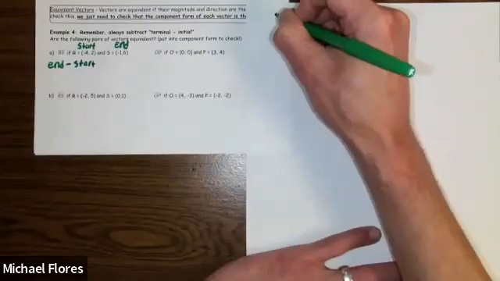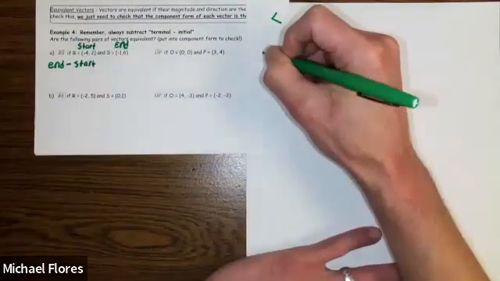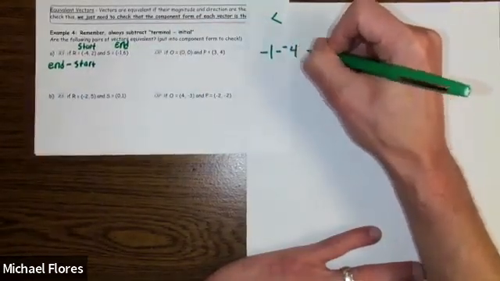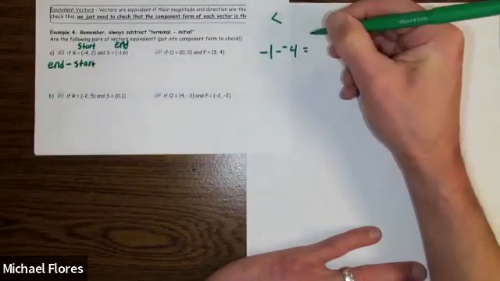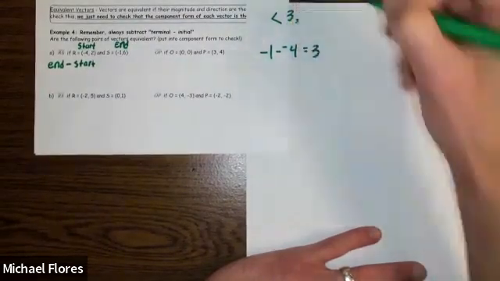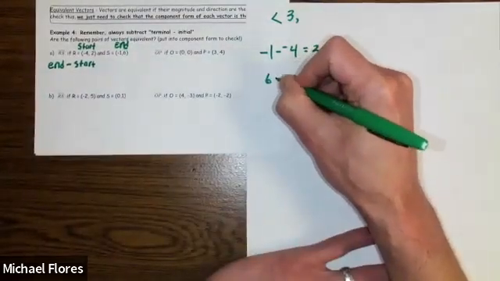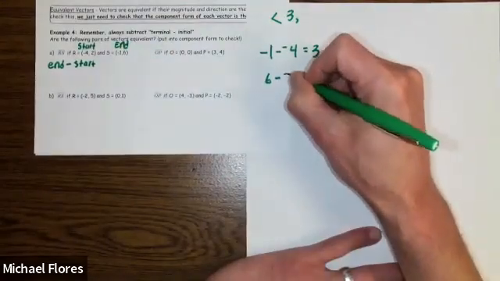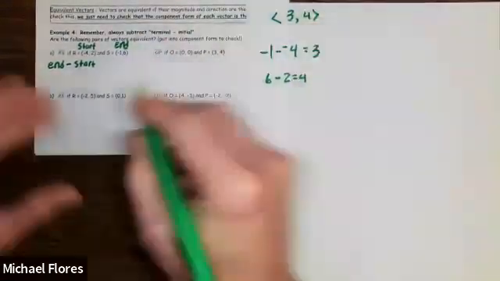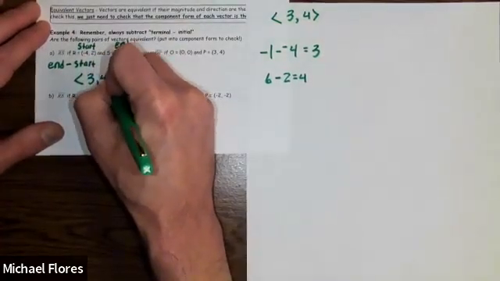So let's start with finding the x value of our component vector by doing -1 minus -4. 1 minus -4 would be 3. Okay, same process, but this time let's do 6 minus 2 to get 4. So the component vector of this one is 3, 4.